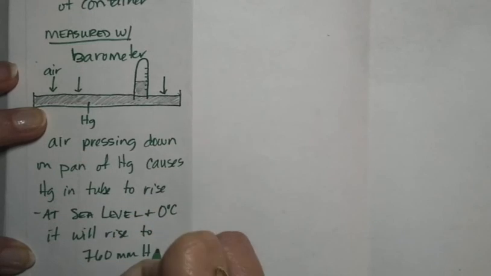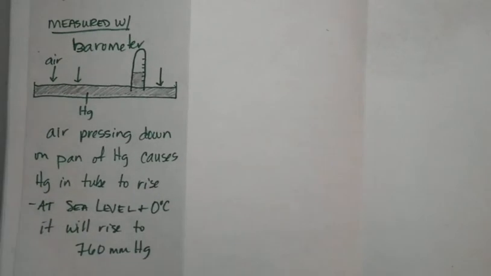That's standard pressure. So just from air pressure, it's going to push the mercury up that tube 760 millimeters. That's amazing. Once you've written that down, go ahead and stop there.